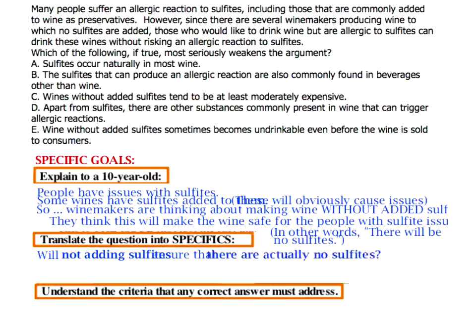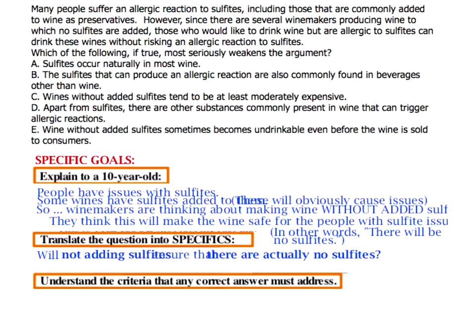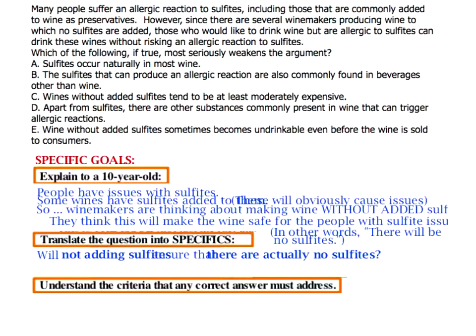Does anybody see what the problem is? If you want to weaken this argument, then what do you have to come up with? Yeah, well, it's other things that people are allergic to, no, because we are restricting the discussion to the people who have sulfite issues.